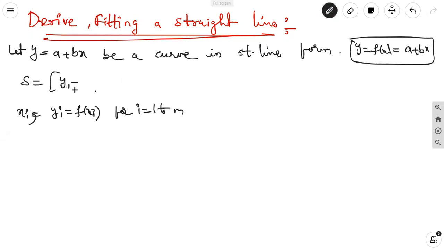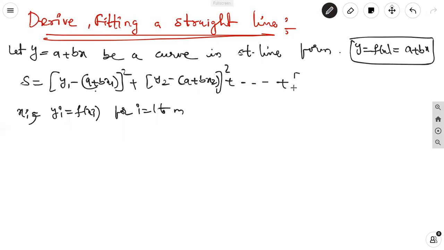Substituting in the above, S equals y1 minus a plus bx1 whole square plus y2 minus a plus bx2 whole square plus so on plus ym minus a plus bxm whole square. Let it be equation 1.